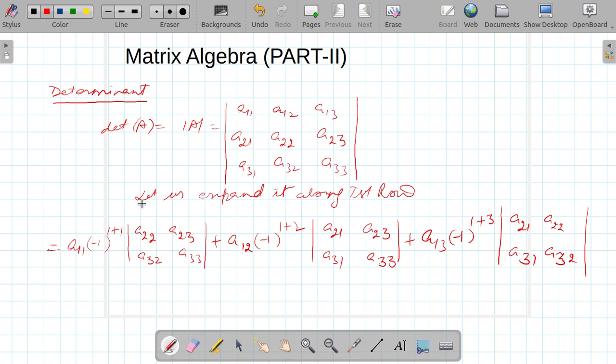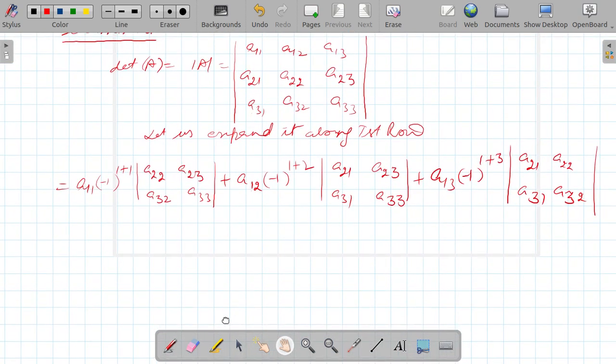So that's what I am getting here. Now I will expand and simplify it. So it is A11 and minus 1 raised to power 2, which is again a positive quantity, multiplied by A22 A33 minus A32 A23.